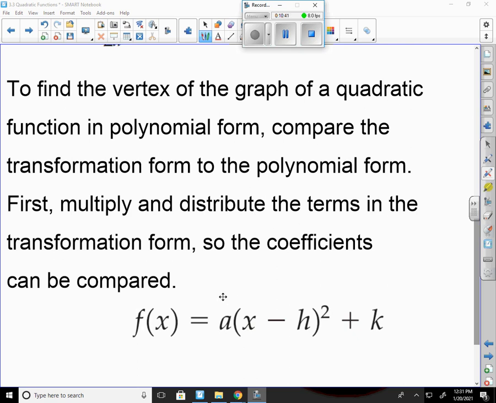Tomorrow I'm actually going to distribute out my x minus h squared, and then multiply that by a, and then go from there. You can do it tonight if you want. Tomorrow I'll really show you what we're going to do here.